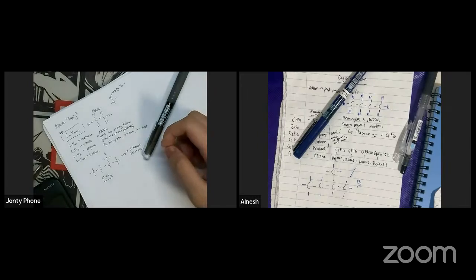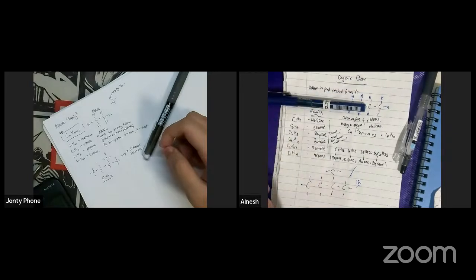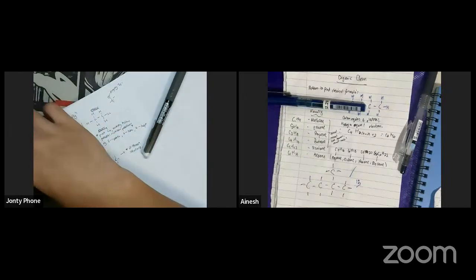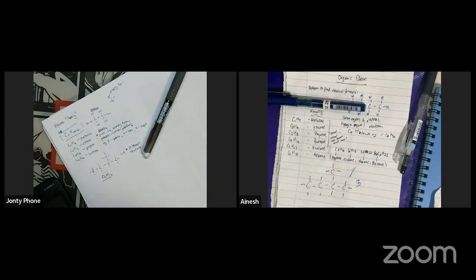The main, I hope nobody is surprised, is called butane. Ainesh, butane is for how many C? 4. Correct. I know that this is 5C, but the main guy is only 4, so butane, but with one side, yeah?